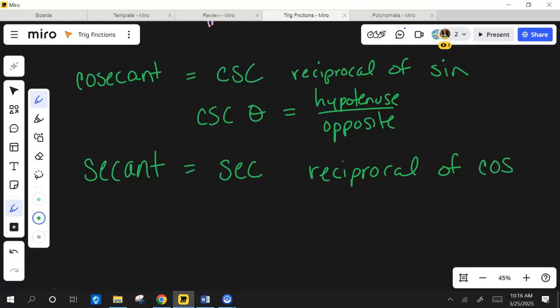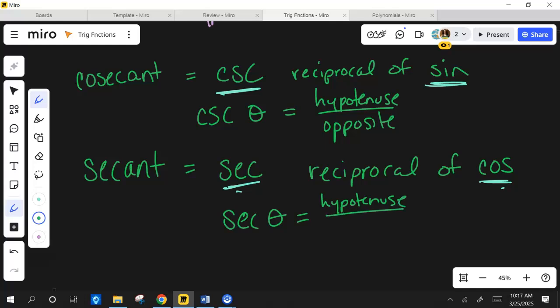So notice this is going to get kind of confusing, right? Because cosecant and sine go together, but secant and cosine go together. Cosecant and sine are flips of each other, and secant and cosine, it's the opposite of what you would think. So you've got to keep that straight because that gets very, very confusing. So secant of theta is what? Hypotenuse over adjacent.